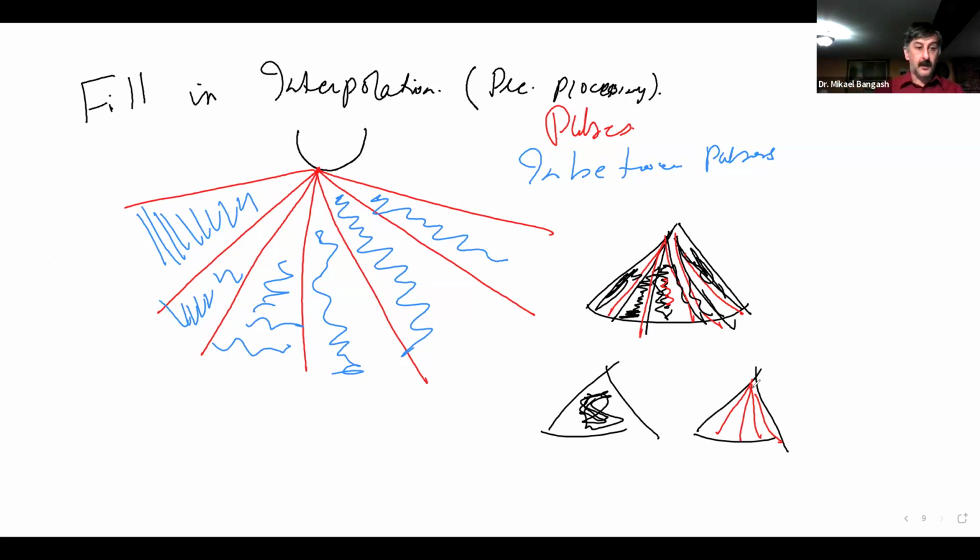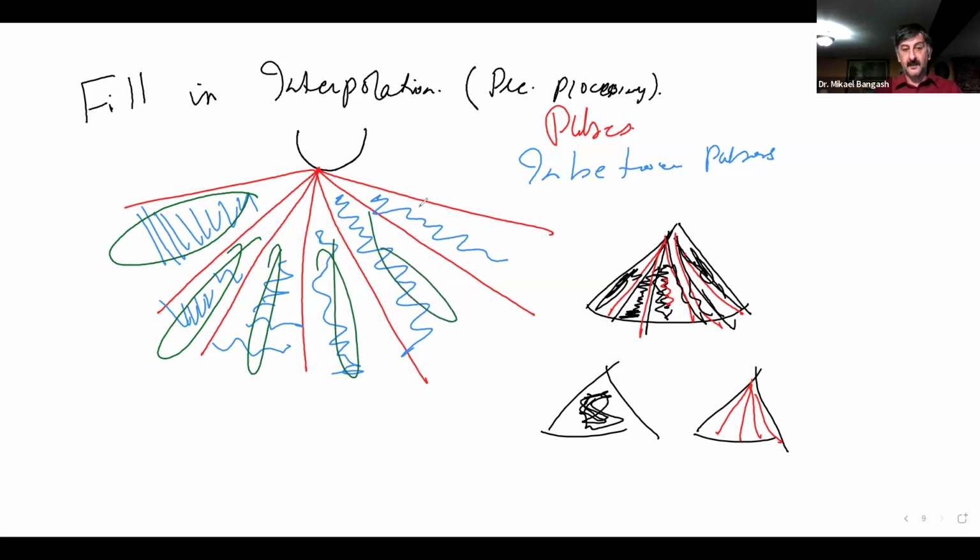So fill-in interpolation is a function of your system, where it is going to fill up this empty space here, this space here, and this space here. Now, how would it be able to do that correctly? Let's say your system wants to fill up this space here.